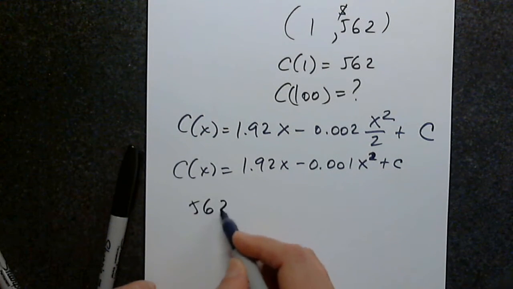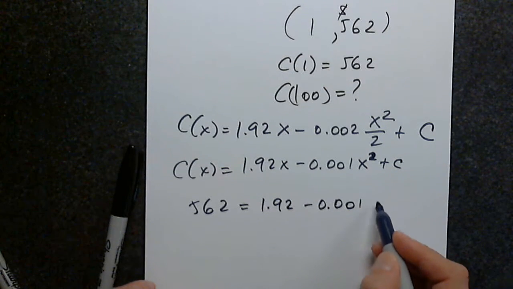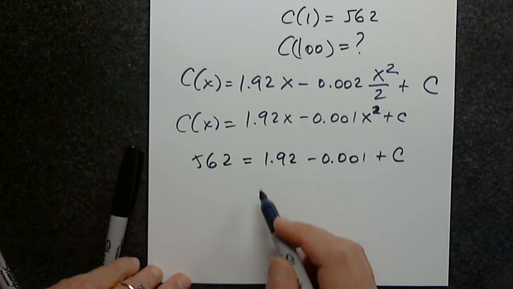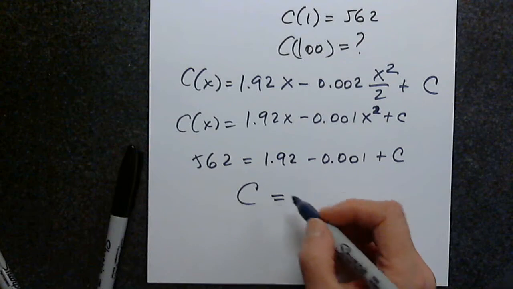So 562 equals 1.92 minus 0.001 plus c. How much is c? $562 minus 1.92, but plus 0.001. I got 560.